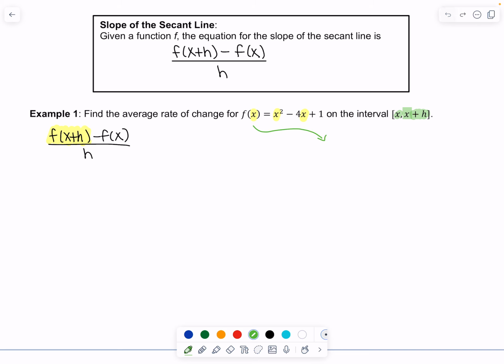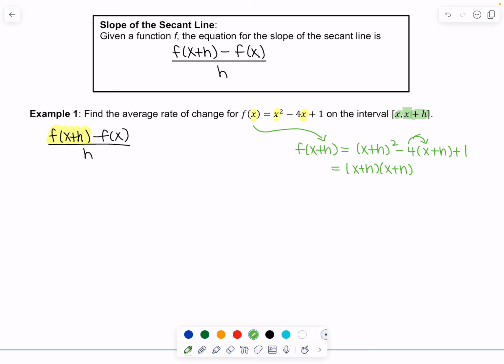So let's just do that kind of off to the side here. f of x plus h would equal parenthesis x plus h squared minus 4 times x plus h plus 1. Take a moment to maybe simplify this. So x plus h here is being squared, so double distribute.